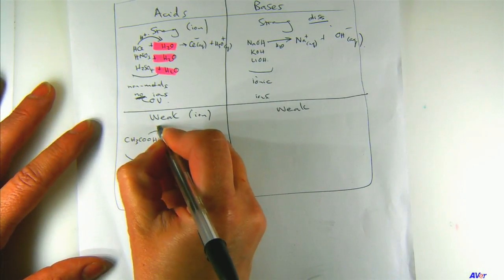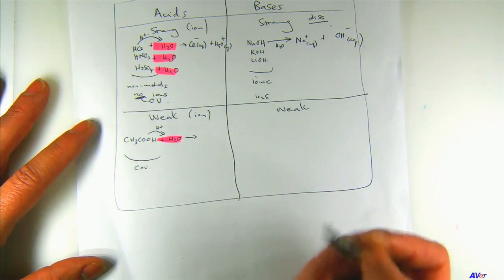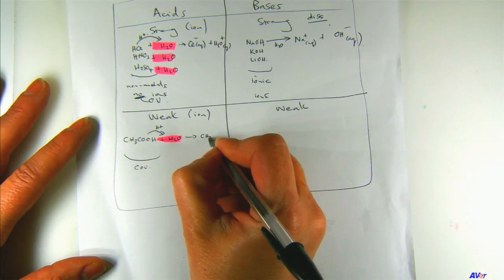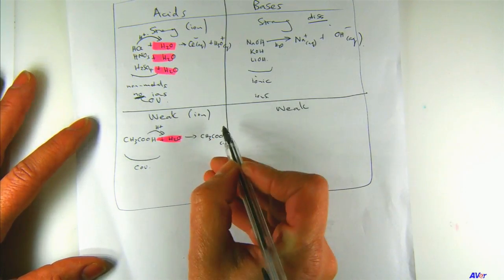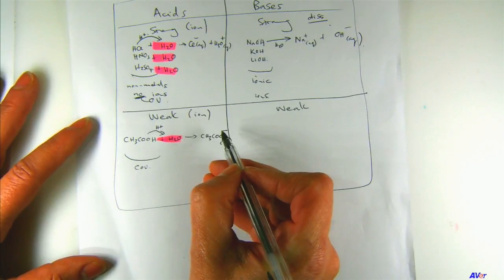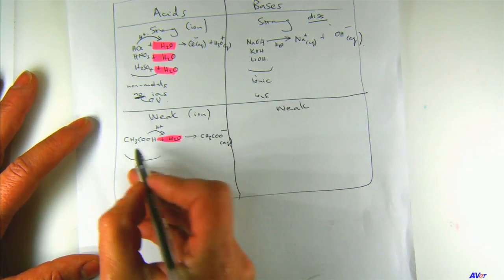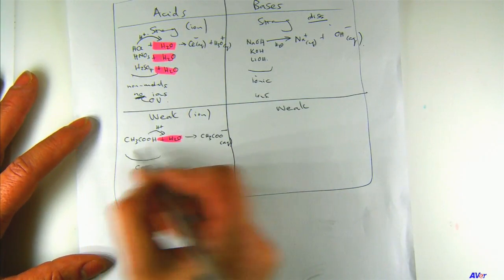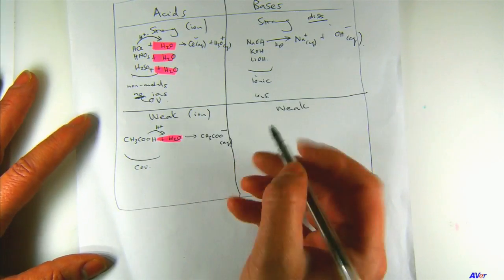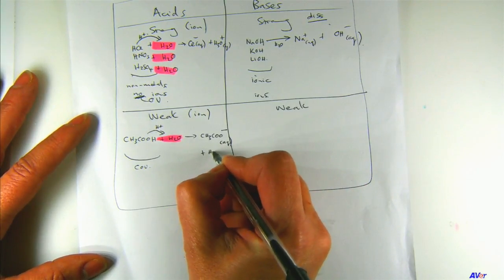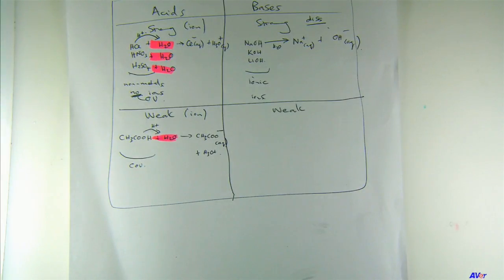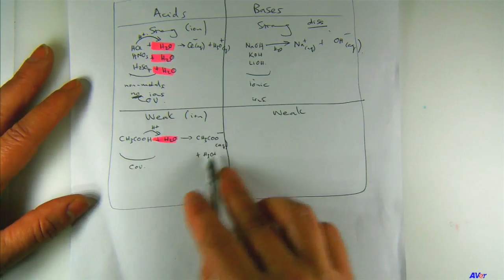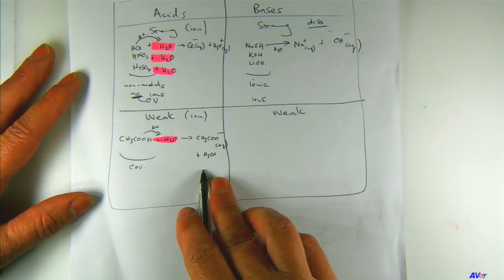By donating a proton, so you end up with CH3COO-. What is the name of this one? The acetate ion, right? If it was acetic acid, then you end up with the acetate ion. And obviously, hydronium ion. Okay, so if you add something to water, you will end up with something that's got charges. You end up with ions.